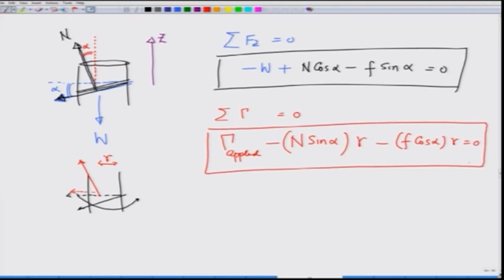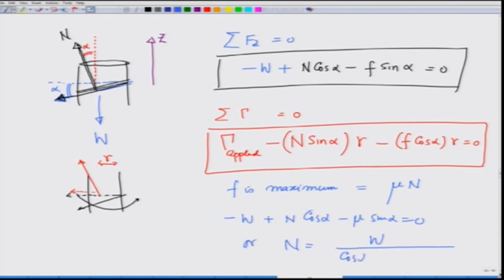Now, it is very easy to calculate the torque applied, because when the whole thing is about to move, F is maximum, which is equal to mu times N, where mu is the coefficient of friction between the casing and the threads. Therefore, I have minus W plus N times cosine of alpha minus mu sine of alpha is equal to 0, or N equals the weight divided by cosine of alpha minus mu sine of alpha. That is the normal reaction if the weight is to be balanced.